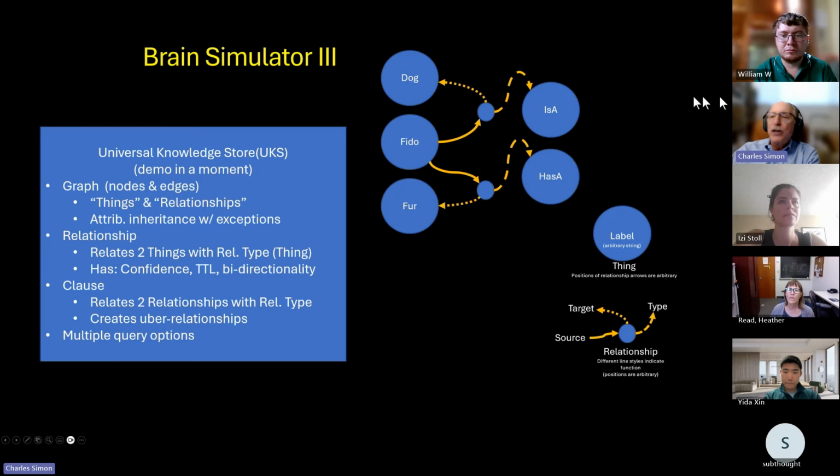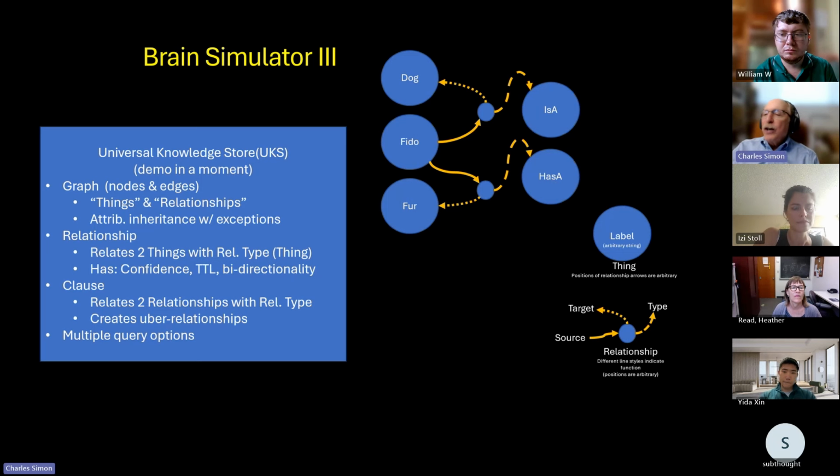But we have this picture here, and I don't know if you can see my mouse cursor, but this is how the UKS represents the idea that Fido is a dog. So Fido has this Relationship, the relationship type is "is-a", and it connects to dog. And Fido has fur. So again, there's a second Relationship, and the Relationship connects a source and a target, and it has a type.